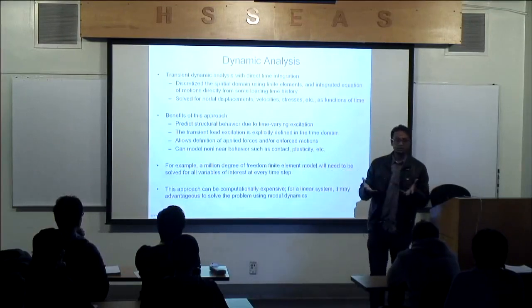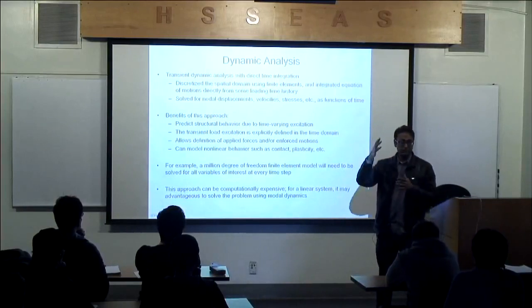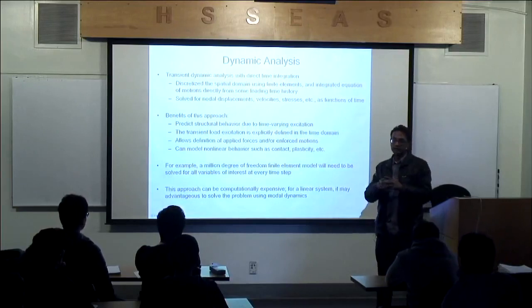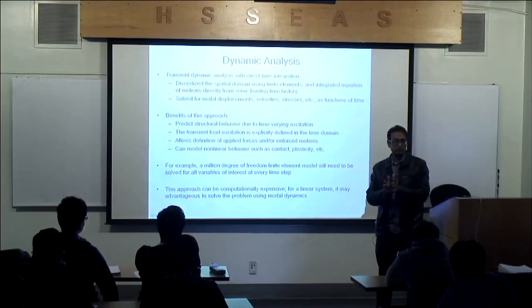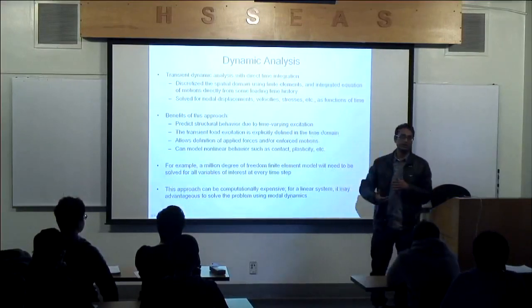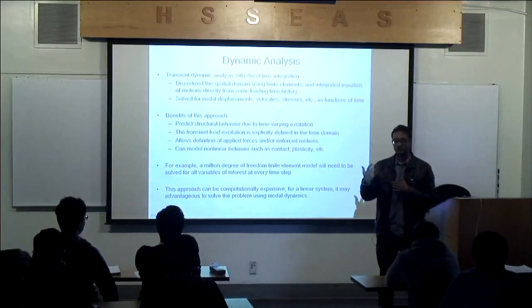So in a launch vehicle, maybe you have to solve it for 3 minutes, maybe every 50 hertz, 100 hertz. Or if I have another application, I may have to solve this time domain problem over a long period of time. And so using the transient dynamic analysis approach we discussed last week may not be computationally efficient. Okay?